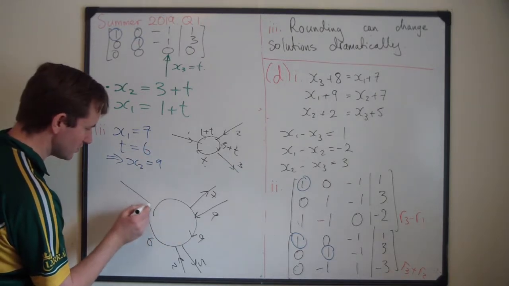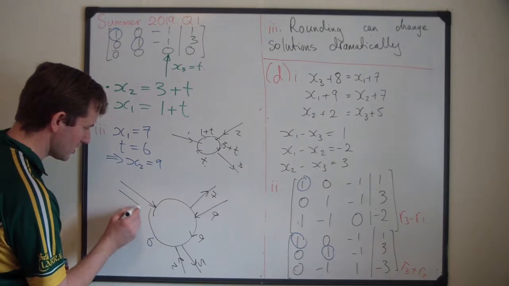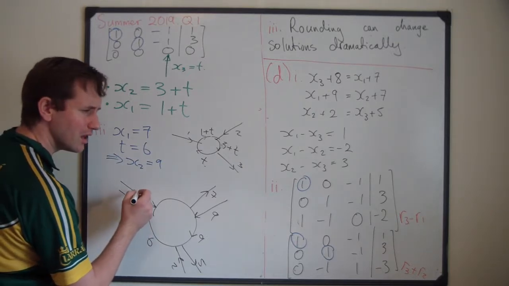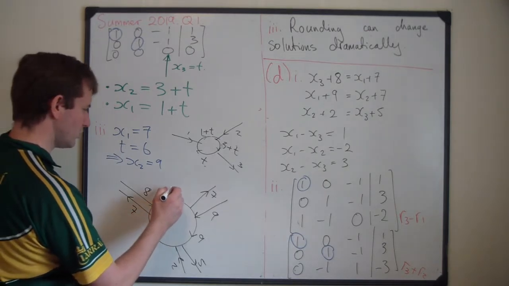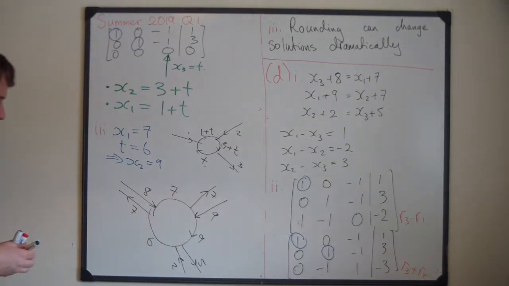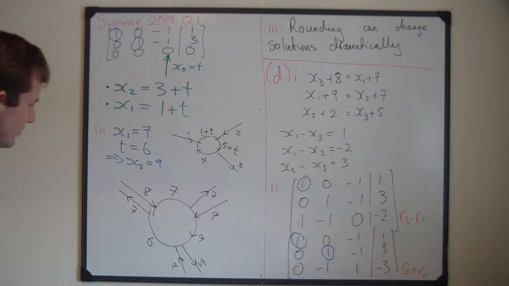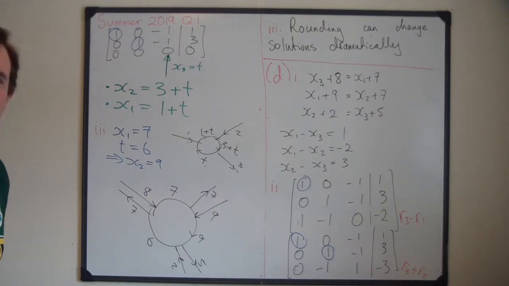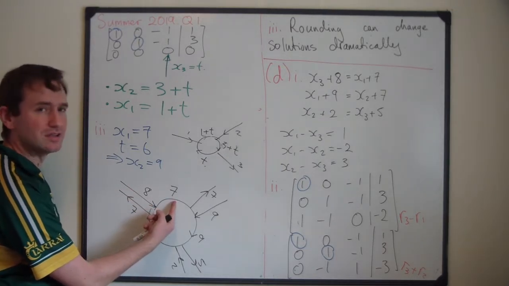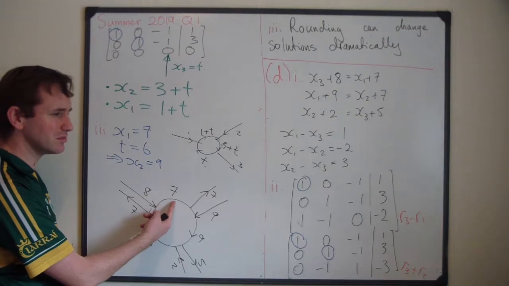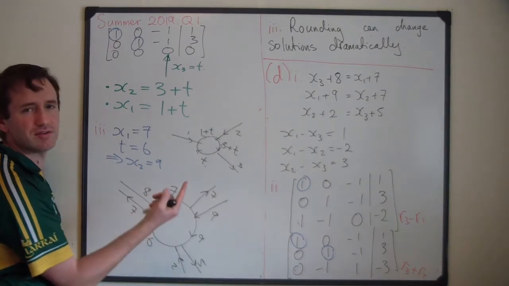Okay, I'm not too sure what's going on here. Let's see. 8 in, 7 out, and then this X1 will be 7. Is this possible? No, it's not possible, because if there's 8 cars per unit time coming in here, this will have to be at least 8. So it's not possible that this is 7.